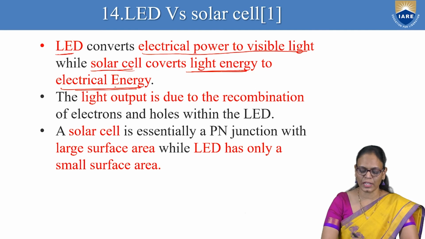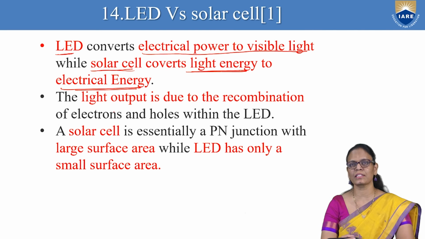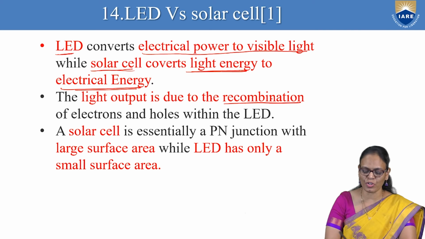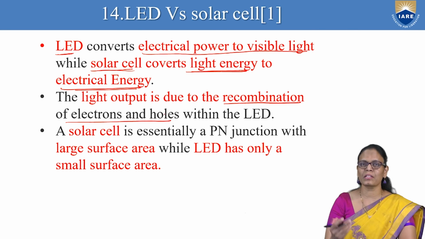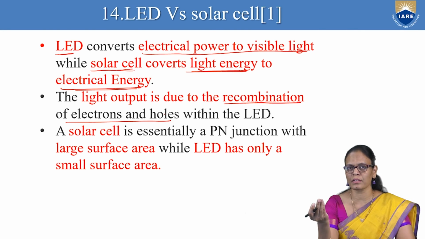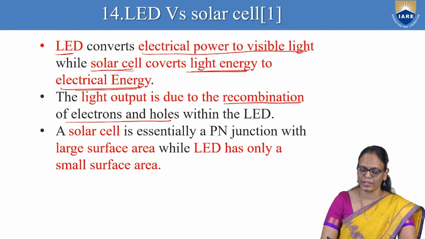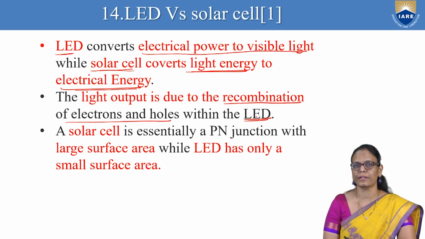And the light emitted in an LED is due to recombination of electrons and holes. Means the electrons in the conduction band lose energy and combine with the holes in the valence band, then the difference in energy is emitted as light, and that is the principle in LED.